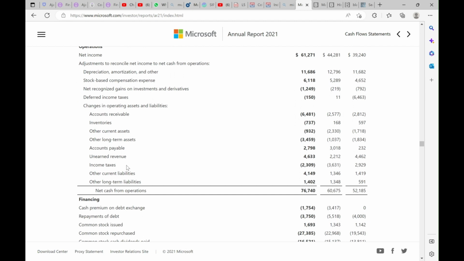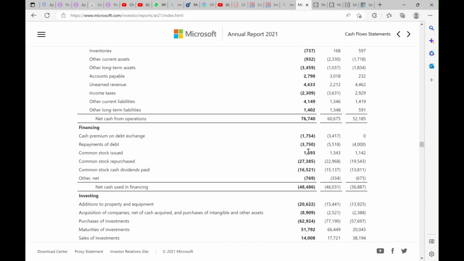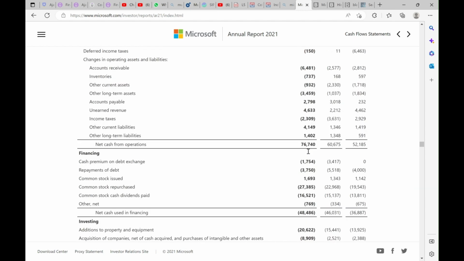In the cash flow, what all cash, income, taxes, everything. So net cash flow from operations has increased. We saw the cash flow opening and closing balances. So that's how it is here. So they have $52 million in 2019, increased to $60 million and $76 million approximately in 2021, which is a good progress, so that's a third checkpoint.